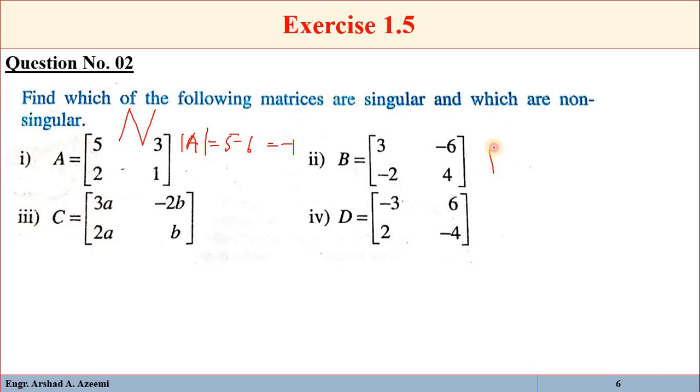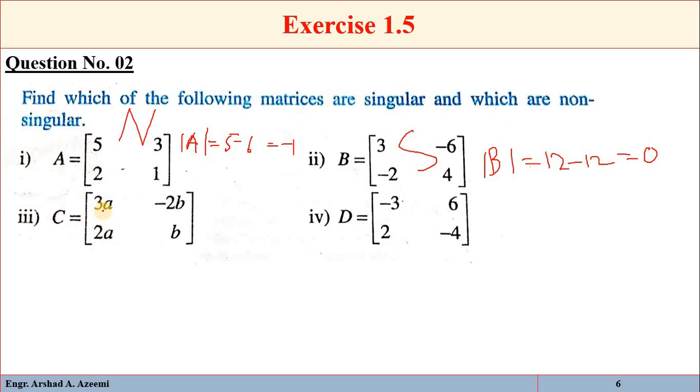Okay, now the determinant of B is equal to 3 fours are 12, minus 6 multiplied by minus 2, it will be plus 12, is equal to 0. So this is a singular matrix.